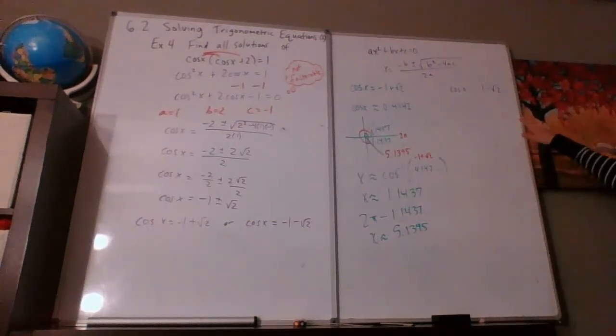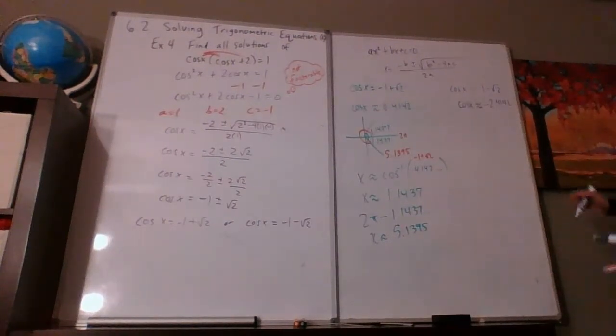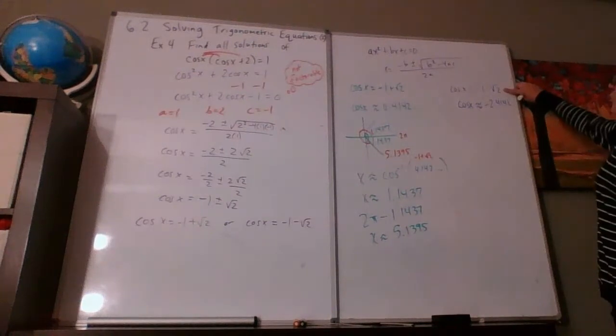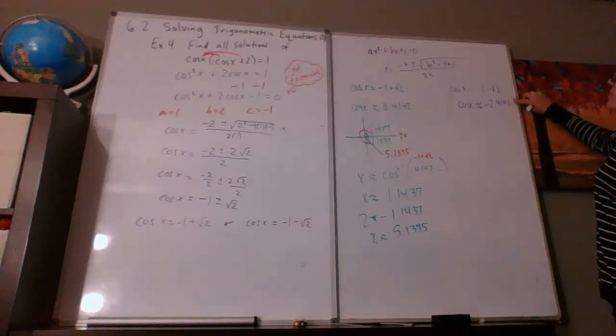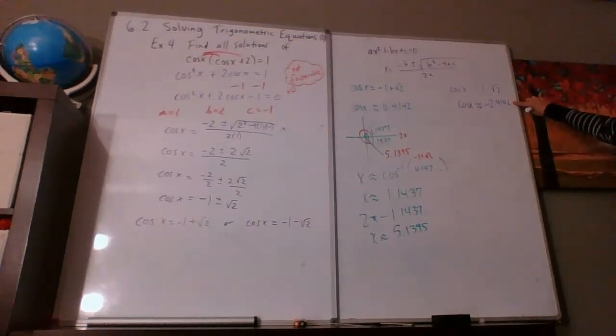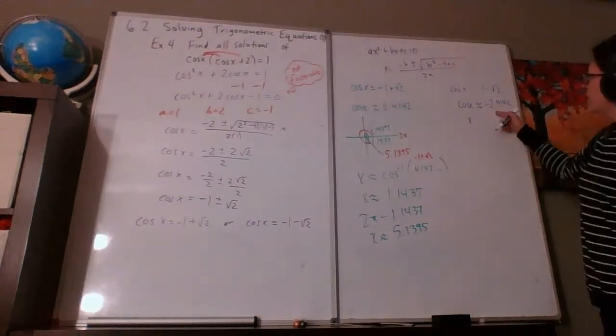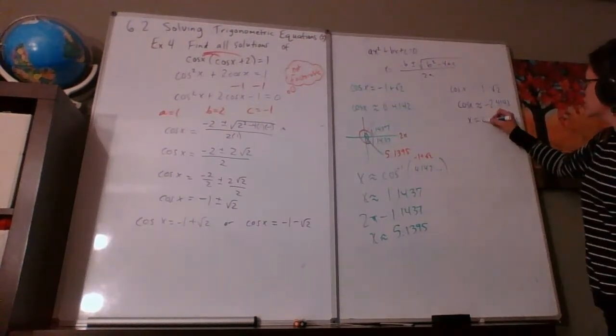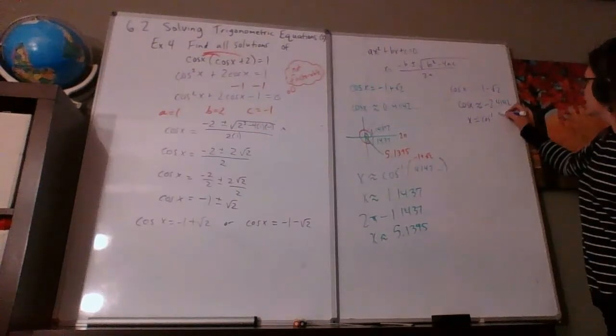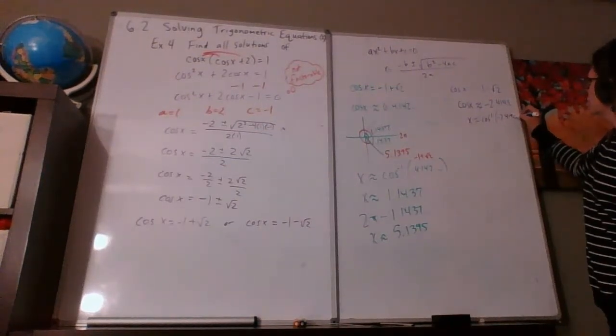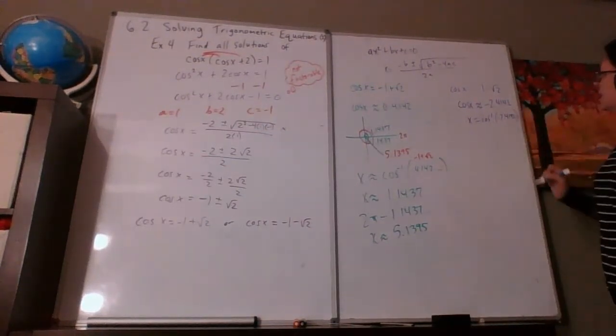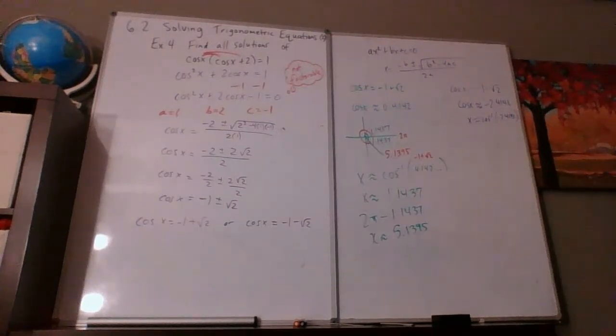Now let's go over to cosine x equals -1 minus rad 2. Putting -1 minus rad 2 in the calculator gives us -2.4142. If we try and put the cosine inverse of -2.4142 and so on into the calculator, we get a domain error.